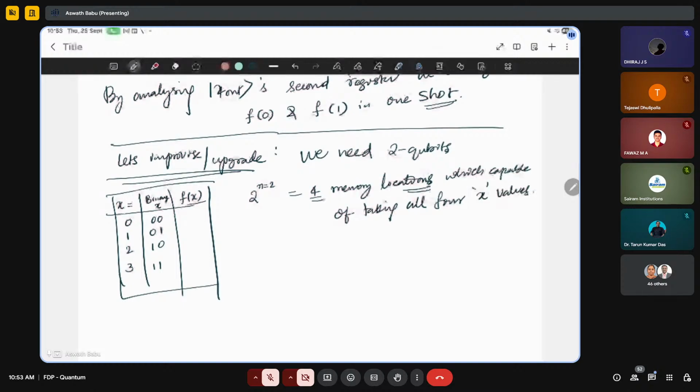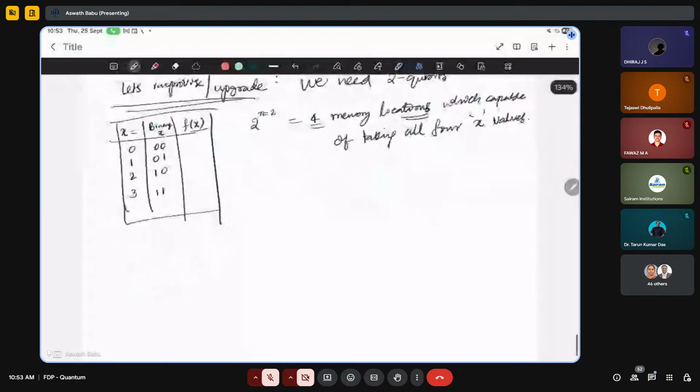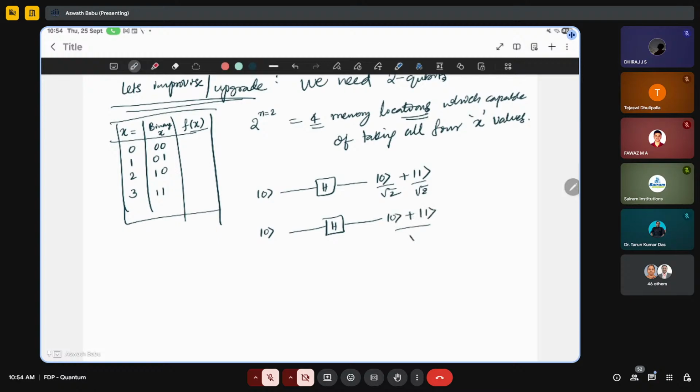Now, quantum mechanically, how do I store these 4 possible memories? You just take 0 ket through a Hadamard, giving me one superposition. I'll take one more qubit in the ground state initially, and I'll send it through another Hadamard, so I'll have one more superposition.